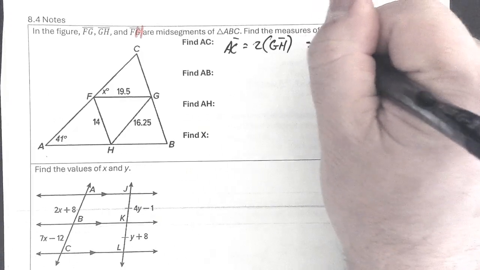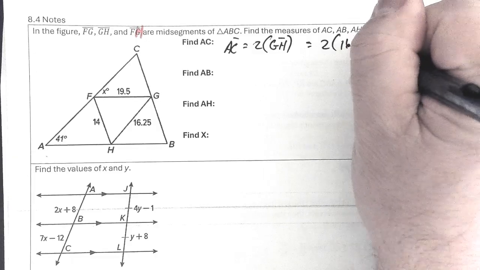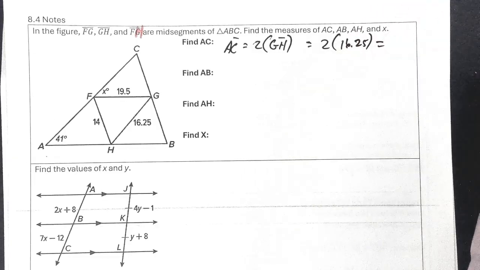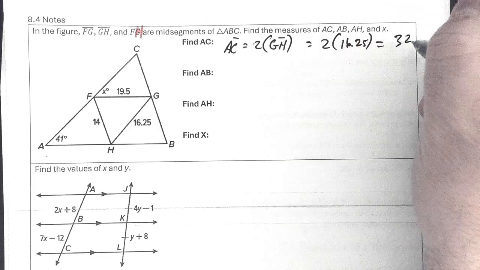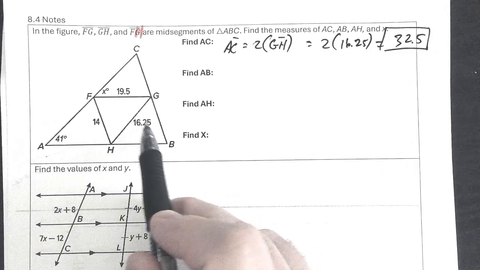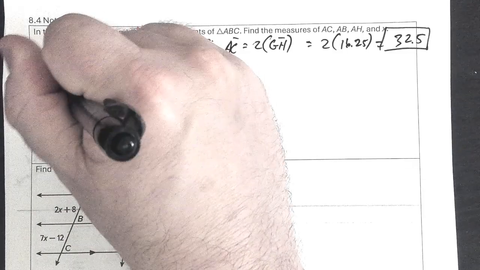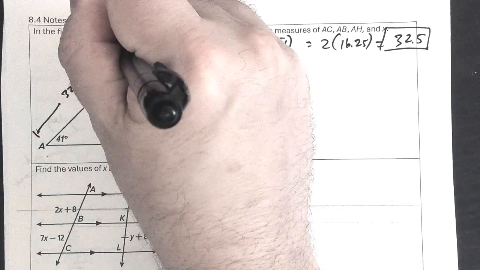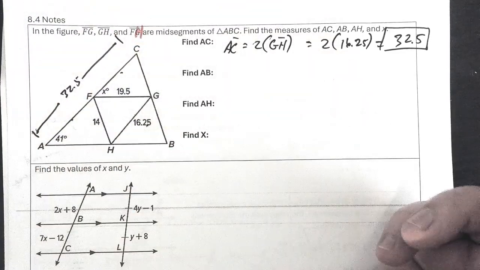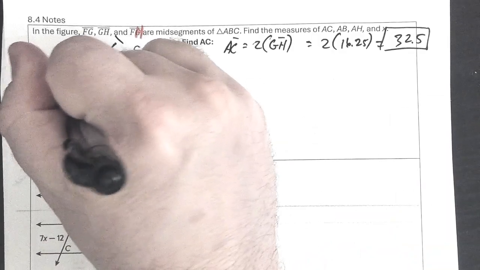All right, so 2 times 16.25 means that AC is going to equal 32.5. So this thing is 32.5 from here to here. Remember, these are halves. So this is 16.25.